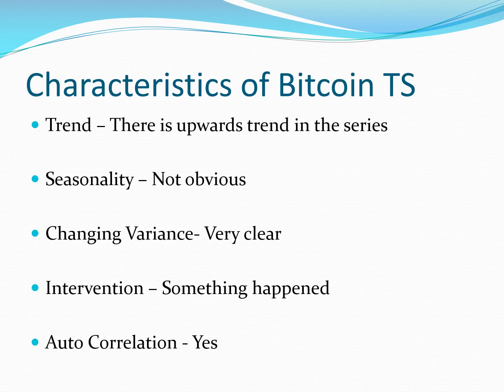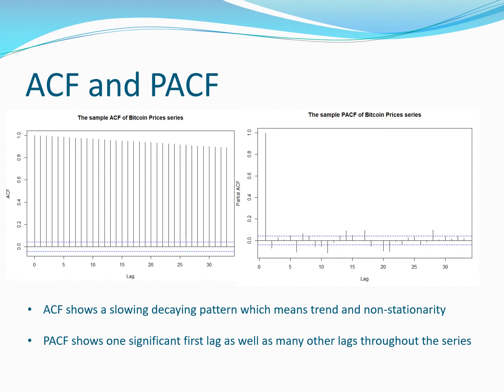And if we take the ACF, it shows a slowly decaying pattern, which means that there is trend and non-stationarity in the series. The PACF shows one significant first lag as well as many other lags throughout the series.